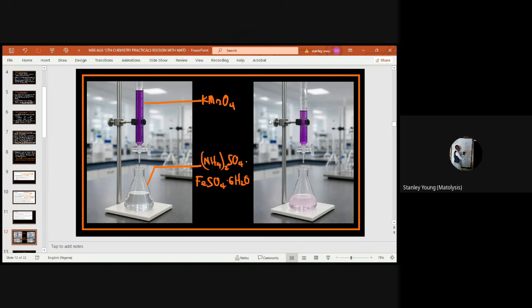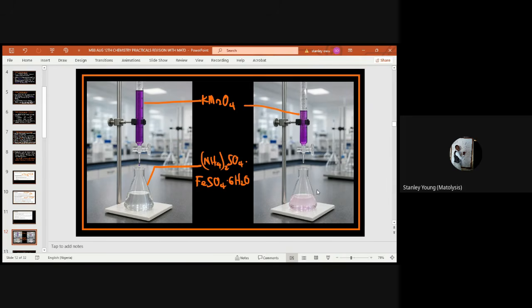Then on the right hand side, you still have almost the same thing. But what's the difference here? In the right hand side picture, notice the color of the solution within the conical flask. It is faint pink.